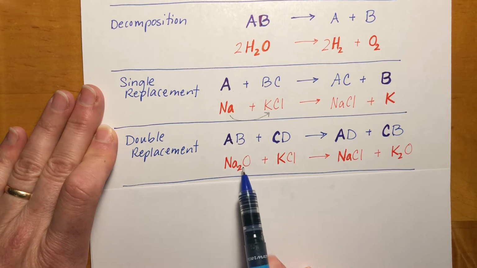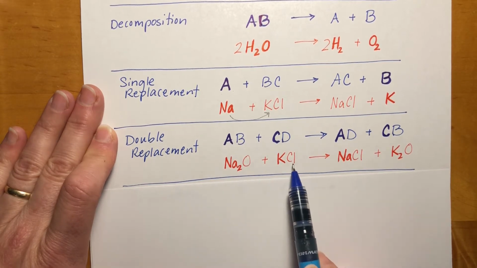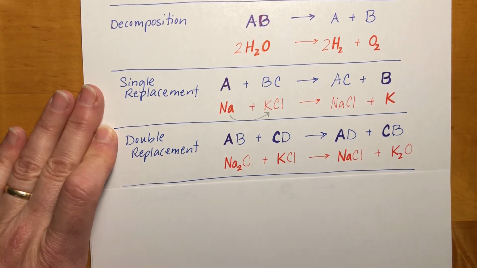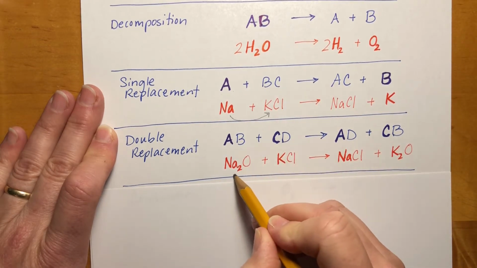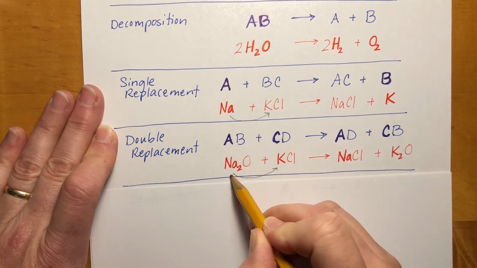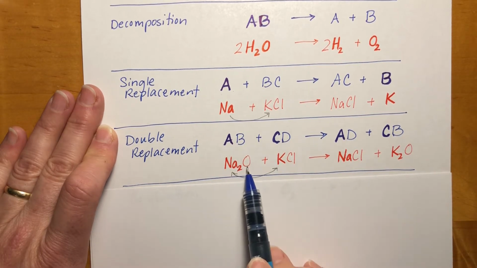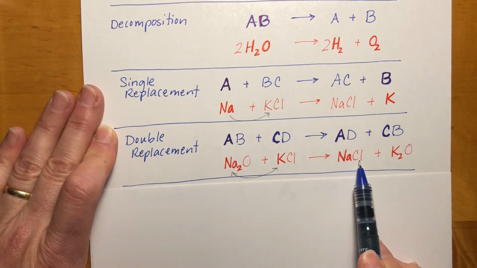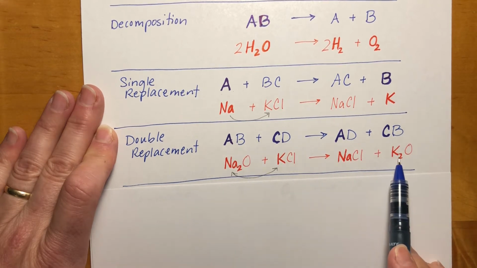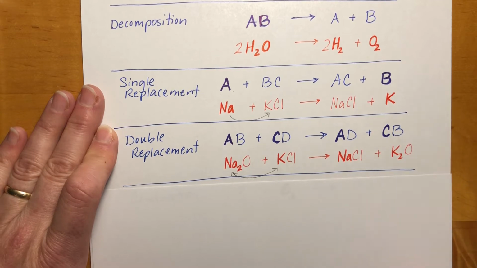Now I have sodium bonded to something. So sodium is bonded to oxygen and potassium is bonded to chlorine, and they switch places. They displace each other, or replace each other. So the sodium and the potassium just switch places. Instead of sodium being with oxygen, sodium's now with chlorine, and the potassium's with the oxygen. So that's a double replacement.